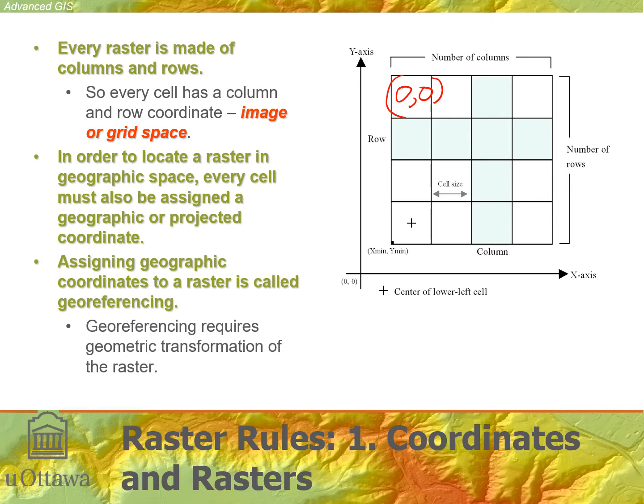If it is already in a GIS system and has a coordinate system assigned, you won't see 0, 0 up in that corner. In that case, you will find 0, 0 somewhere, either at the bottom left corner or somewhere else in geographic space, wherever 0, 0 is on the Cartesian plane that we see here, the X and Y axes.